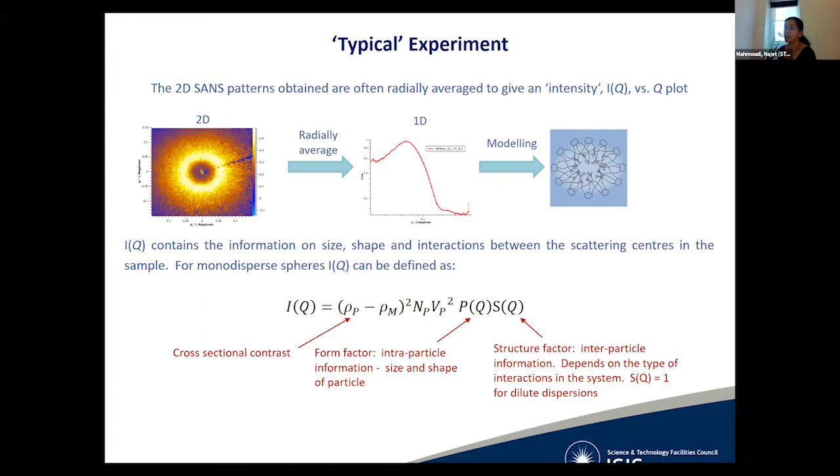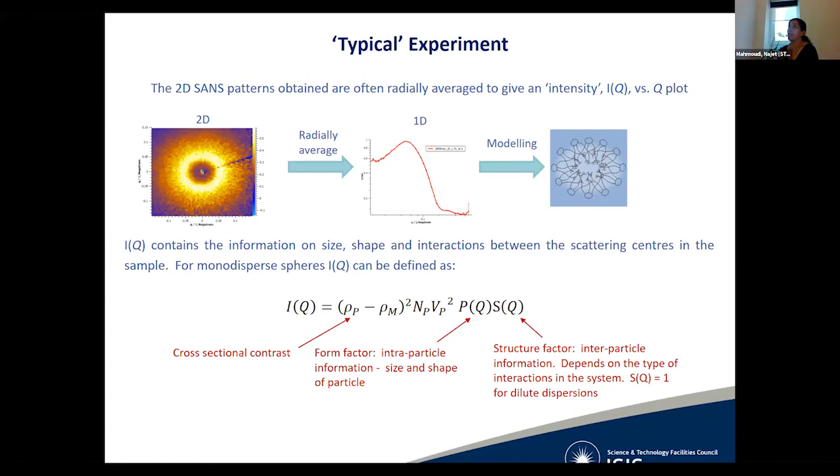To have a more proper quantification, you need to do modeling of your data. And to model the data, you have to quantify the information that you have in your signal.